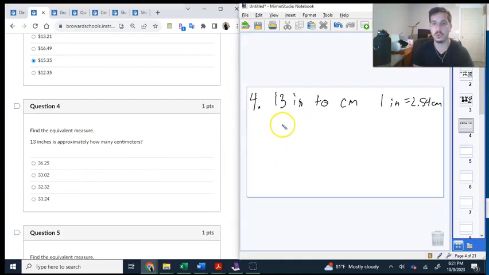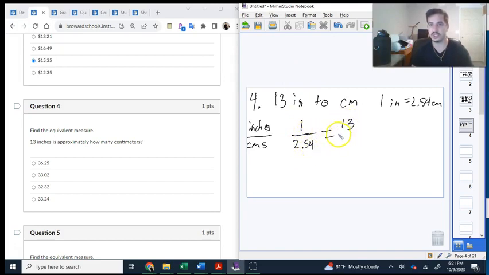So we're going to do inches to centimeters. So we're going to do 1 inch equals 2.54 centimeters equals 13 inches to whatever amount of centimeters it'll be. All right. Bat and ball method. Boom.